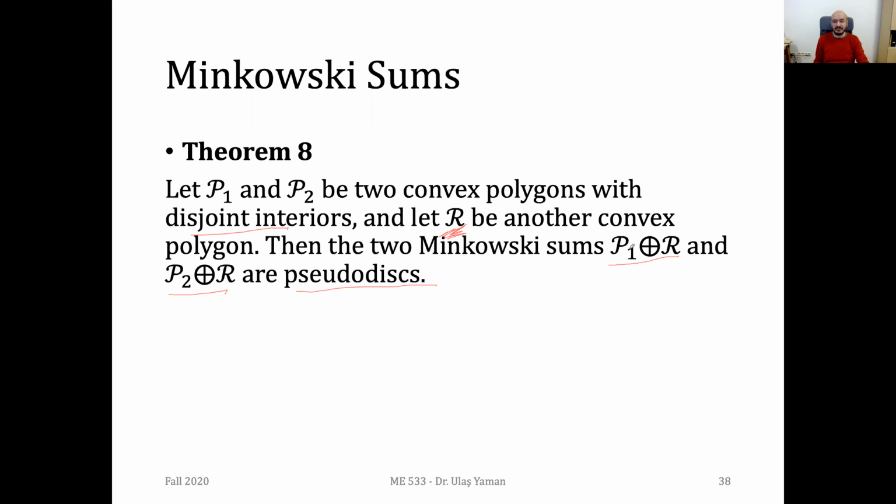The Minkowski sum of the first obstacle with the robot R, and the Minkowski sum of the second obstacle with the robot R will be a pair of pseudodisks, which means that they will be crossing over at just 2 points. So these are the crossings, and we can say that they are pseudodisks.